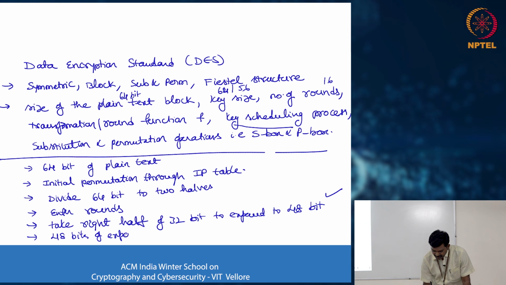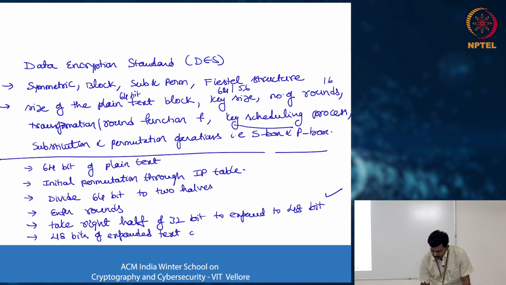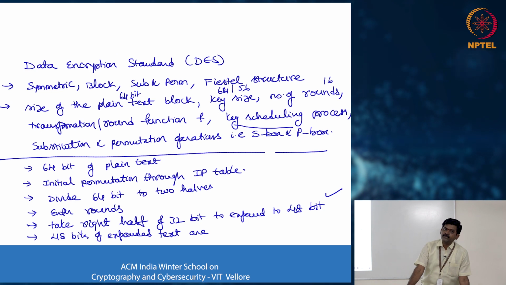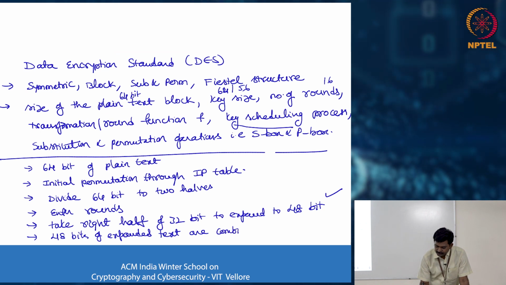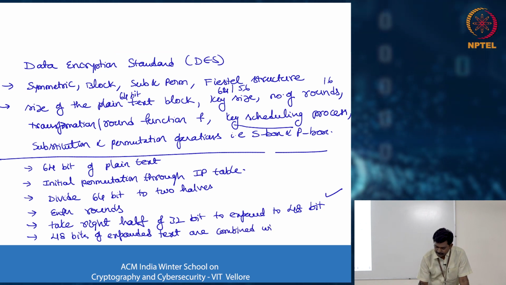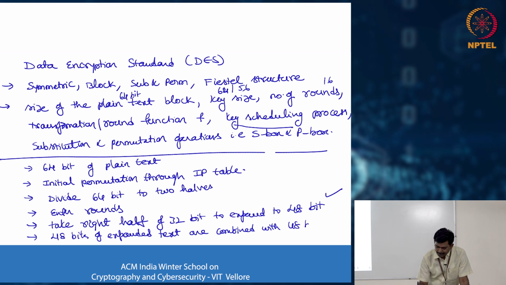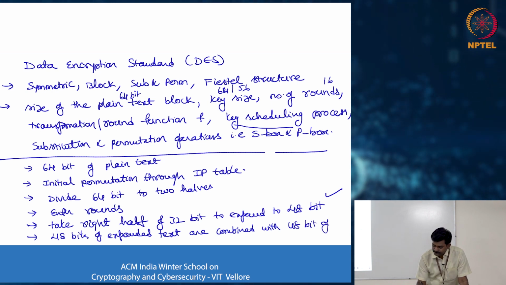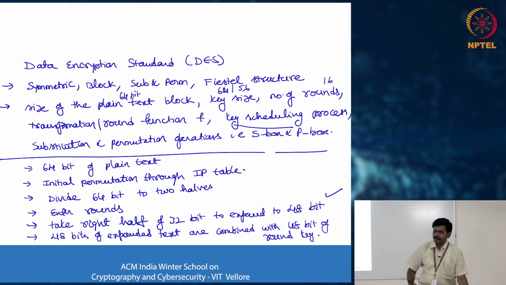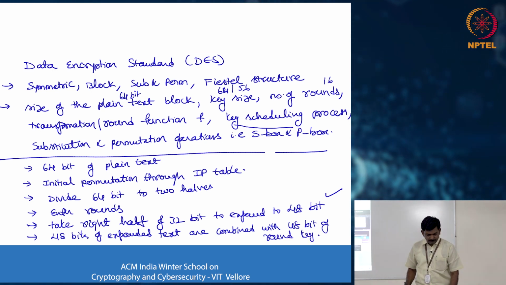The 48 bits of expanded text are, what is the next step? Combined with the key. Which key?